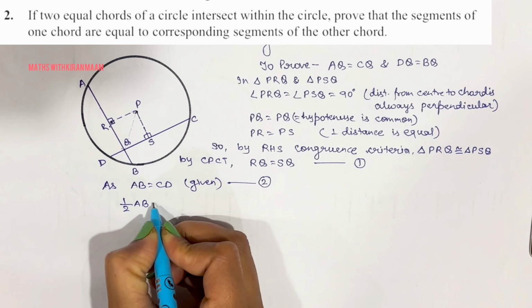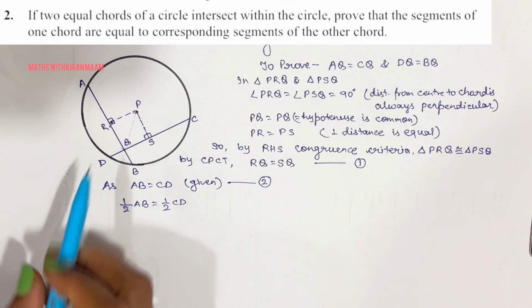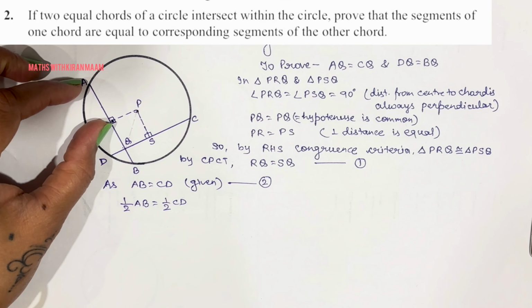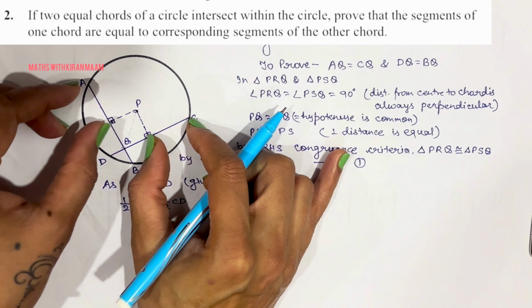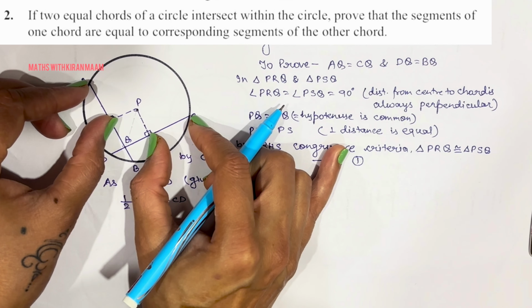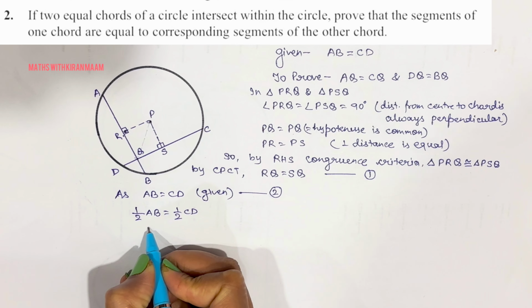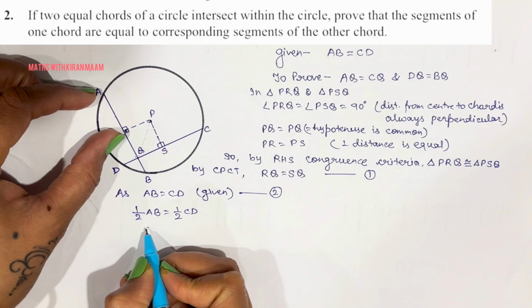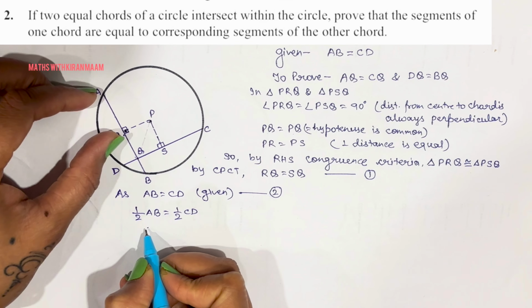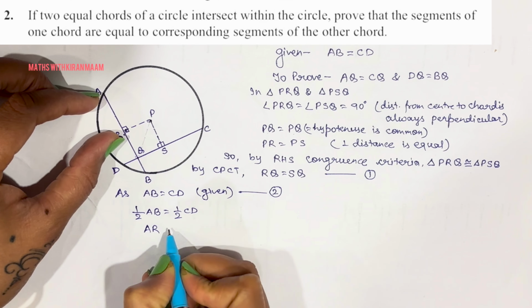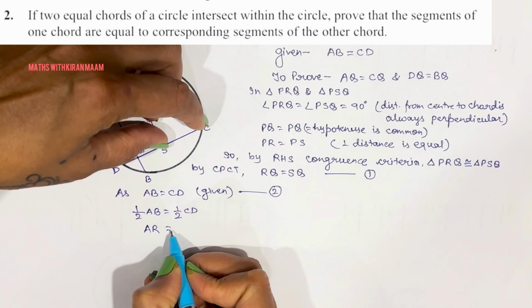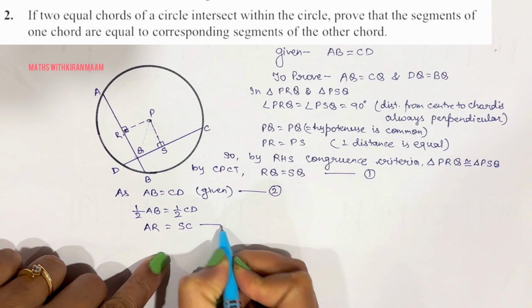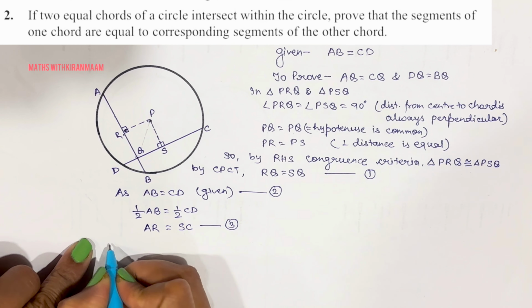Now, if we divide by 2 or multiply by half both sides, it will be half AB and half CD. And half AB is either AR or BR, so we will write AR, and half of CD is either SC or DS, so we will write SC. Now this will be equation 3.